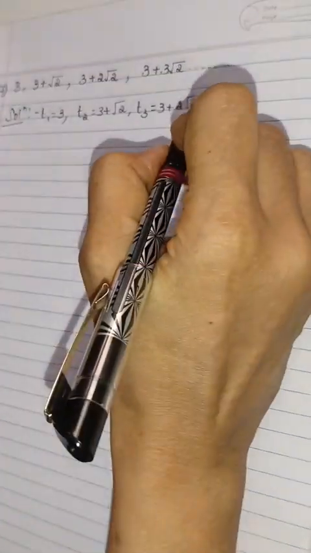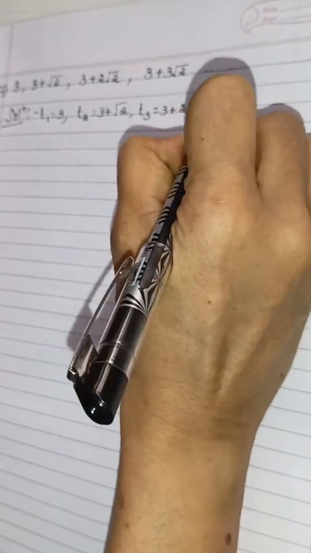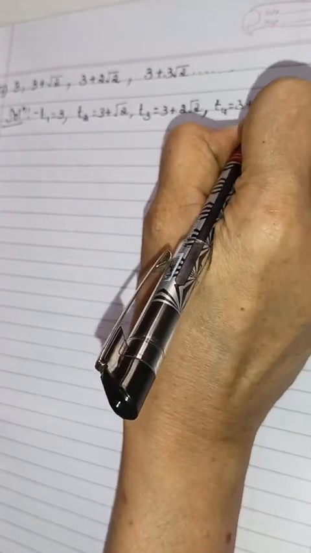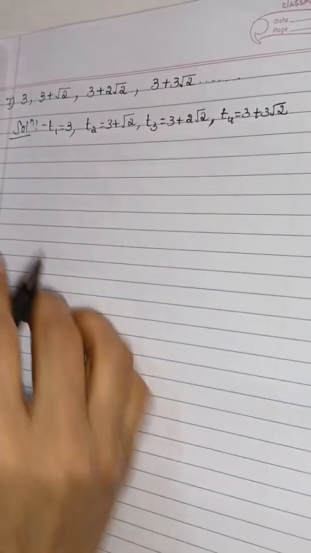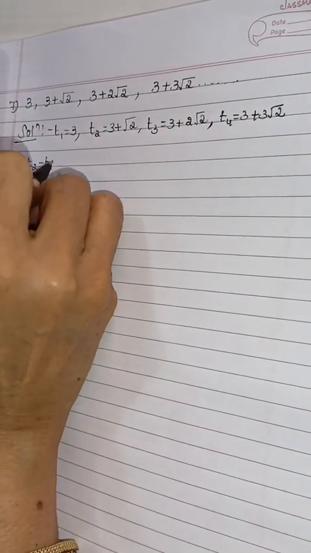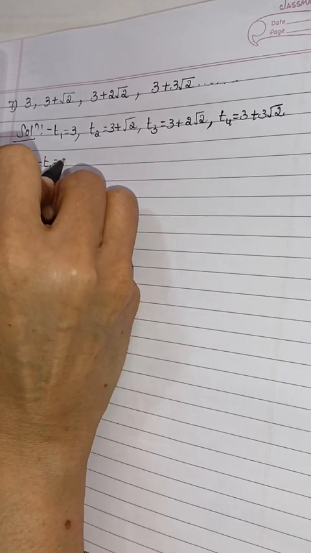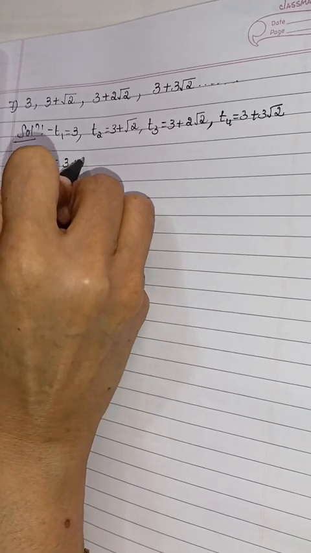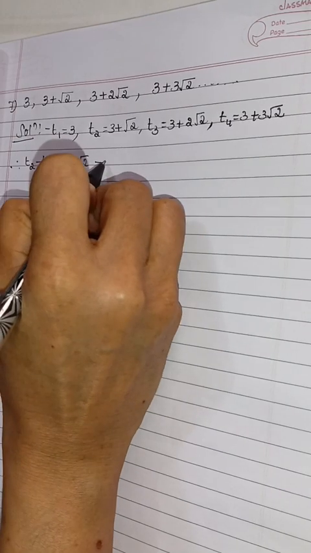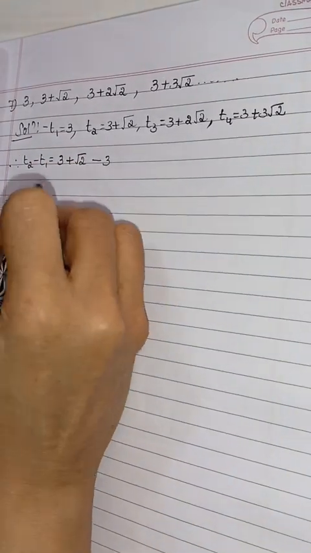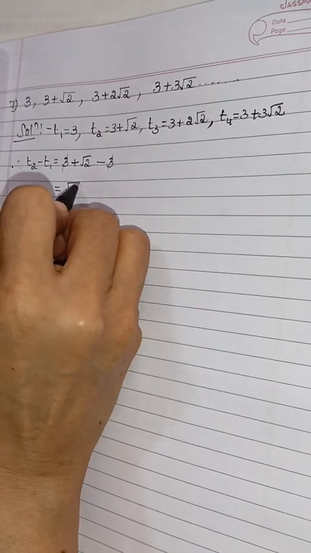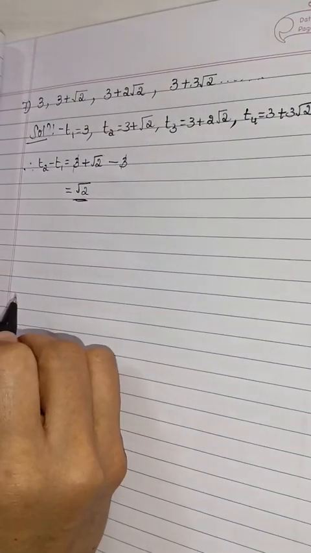Then T4 is 3 plus 3 root 2. Therefore, T2 minus T1: T2 is 3 plus root 2 minus T1 is 3. The plus 3 minus 3 is gone.